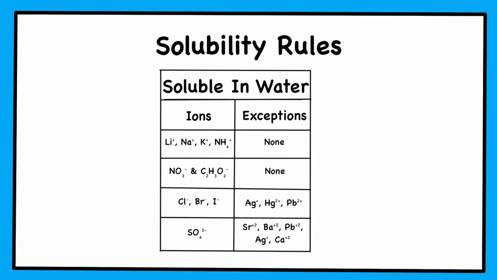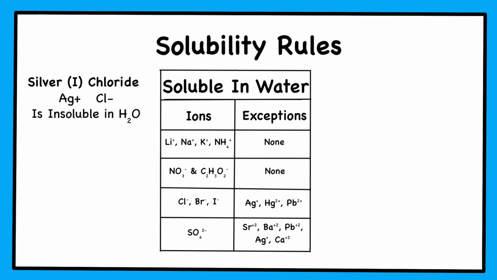The next group of anions that we're going to talk about is chlorine 1 minus, bromine 1 minus, and iodine 1 minus. If the substance contains any of these anions, they are soluble in water, except when they are paired with silver 1, mercury, or lead 2 cations. So this explains why our silver 1 chloride is insoluble, because despite chlorine minus being soluble in water, the majority of the time it is insoluble when it is paired with silver 1.